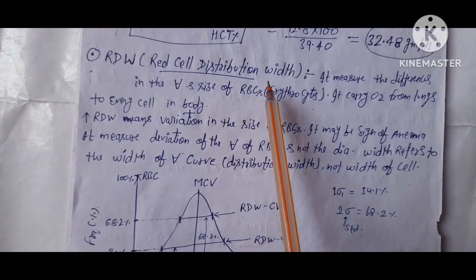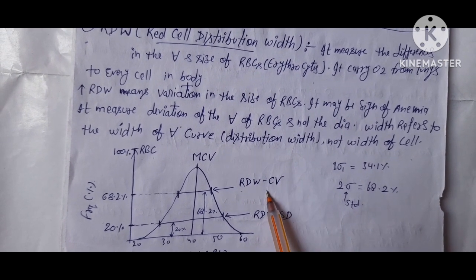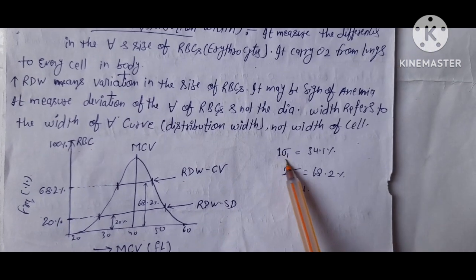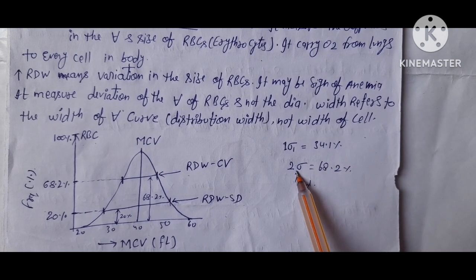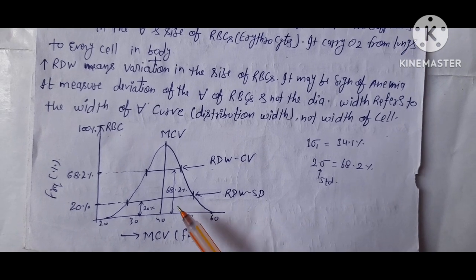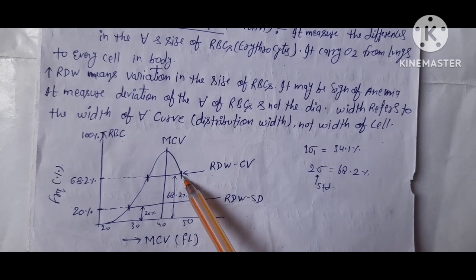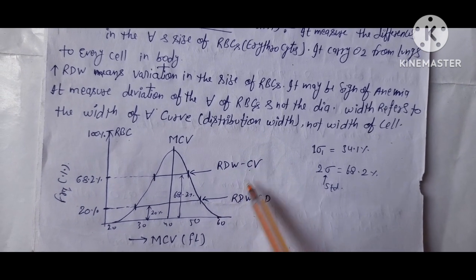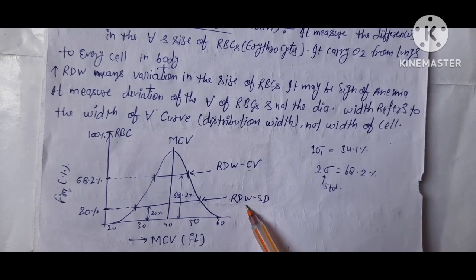RDWCV is red cell distribution width coefficient of variation. CV means coefficient of variation and SD means standard deviation. Here one standard deviation equals 34.1% and two standard deviations equal 68.2%. So the width at 68.2% above the base is calculated as RDWCV, and at 20% from the base it is calculated as RDWSD.